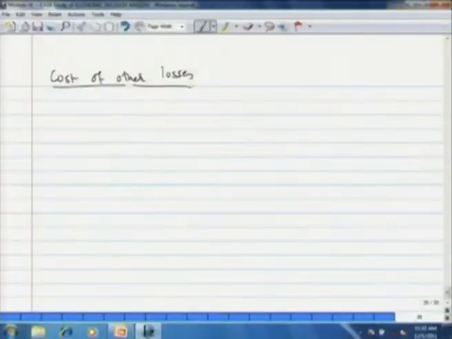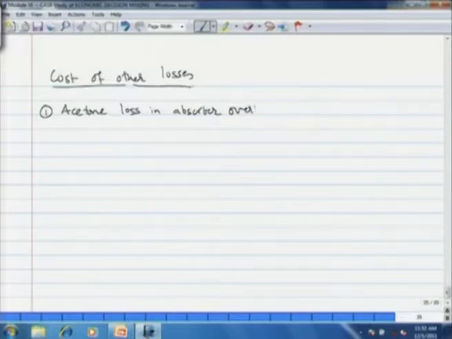Okay. So, let us see what are the total costs that are there. First, acetone loss in absorber overhead or with the exiting air.